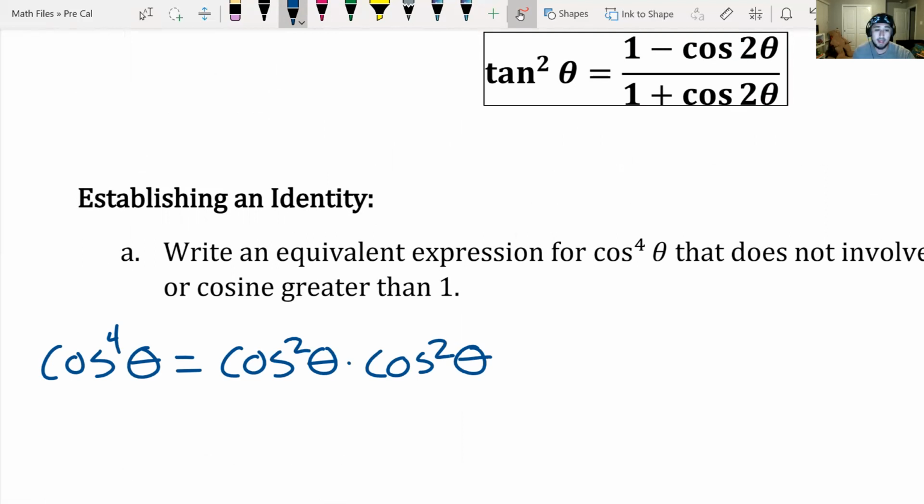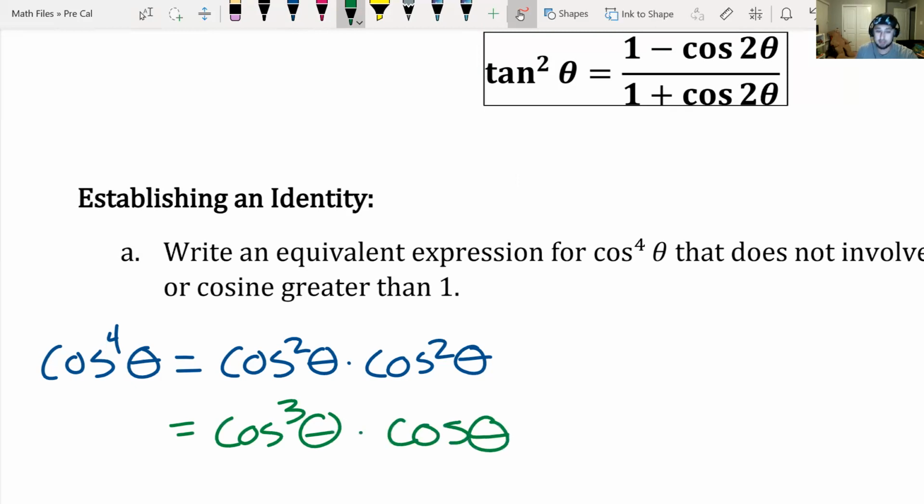Why did I break it into that, you ask? Because cosine squared has multiple formulas now. So why not break it into cosine squared? There would be no point to making this cosine cubed theta times cosine. That just wouldn't make any sense. So we don't want to do that.